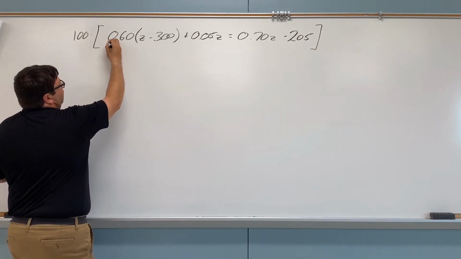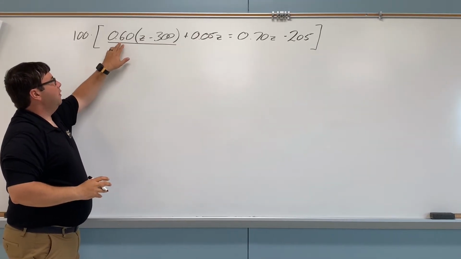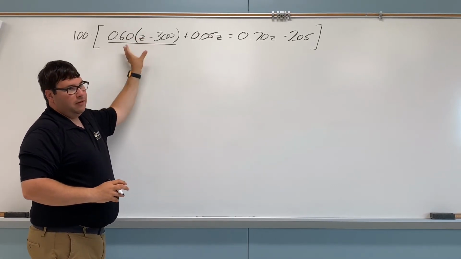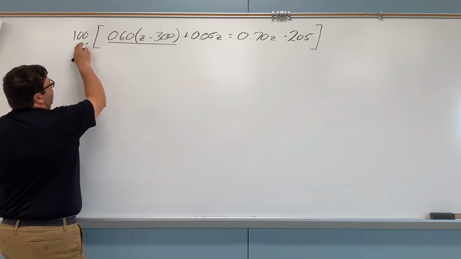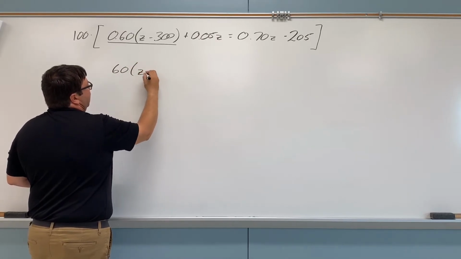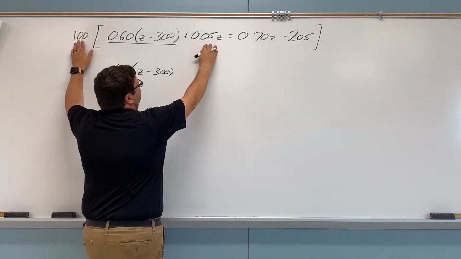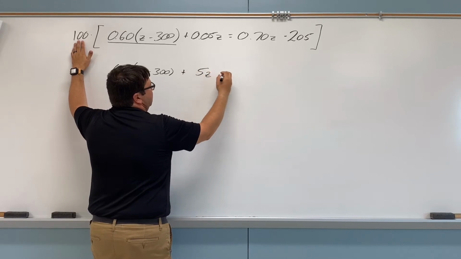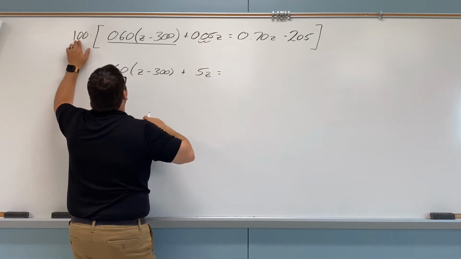This is one product right there, because I have 0.60 times a quantity. That quantity is a whole component with that 0.60. So when I multiply here, I clear my decimals. I have 60 times z minus 300. When I multiply here, I get 5z. I cleared my two decimal places. As you can see there, it's two decimals.